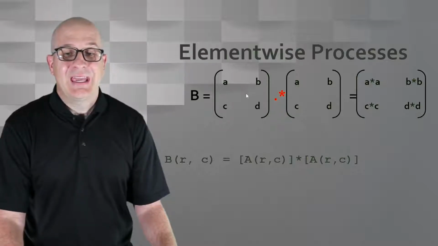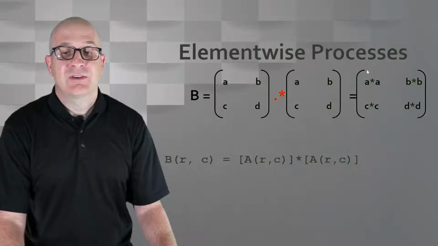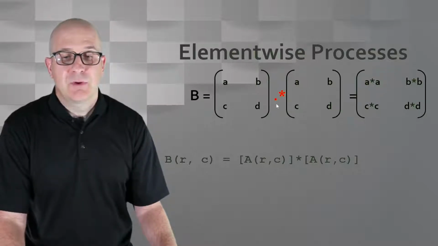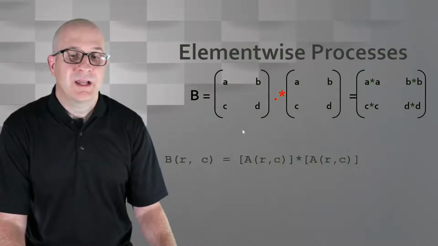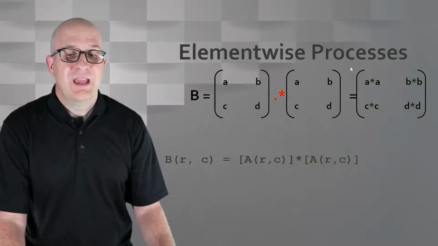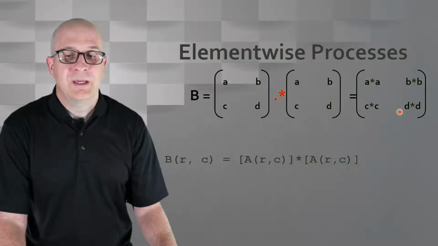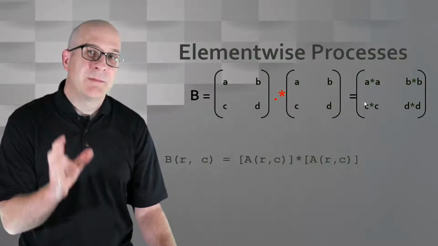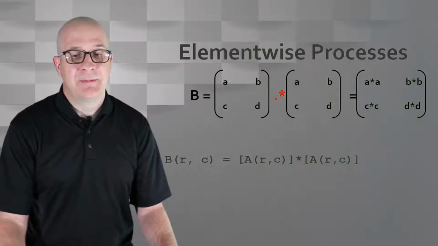So A point multiply A gives us A times A on this side here. B point multiply B gives us B times B here in an element-wise process. C by C gives us C times C. And then lastly, D dot star D gives us D times D. So we see a very different resultant matrix here if we do an element by element multiply in MATLAB.